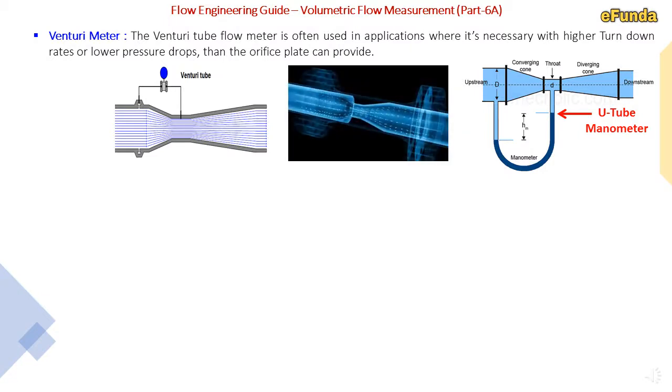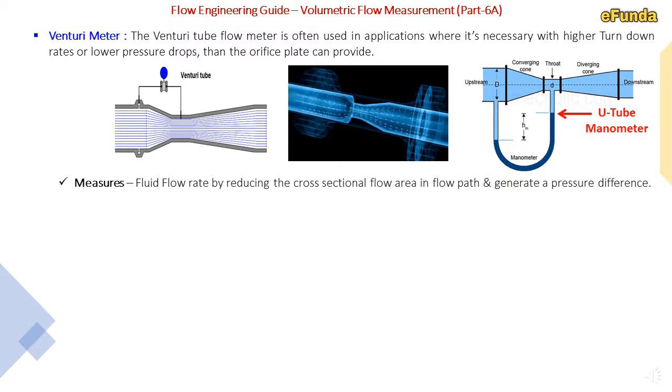One can see continuous operation in another figure. Here the Venturi meter measures fluid flow rate by reducing the cross-sectional flow area in the flow path and generating a pressure difference.